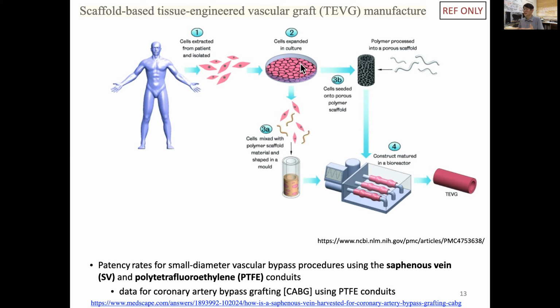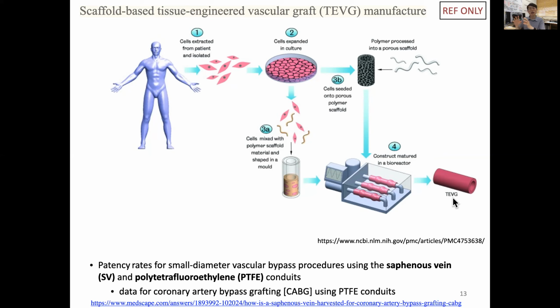The cells are expanded in culture and can either be mixed directly with a polymer scaffold, or seeded onto a pre-made porous polymer scaffold. These constructs can be matured in a bioreactor to become a tissue-engineered vascular graft.